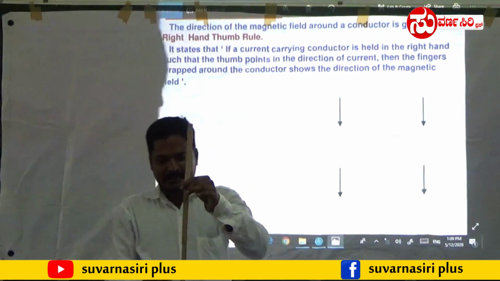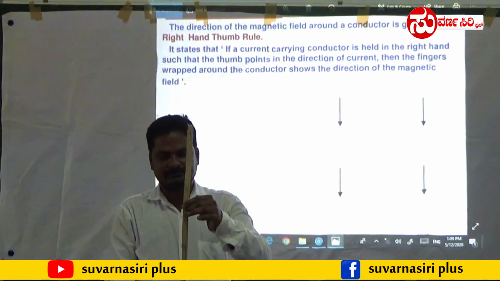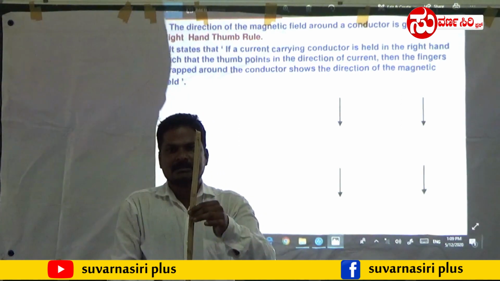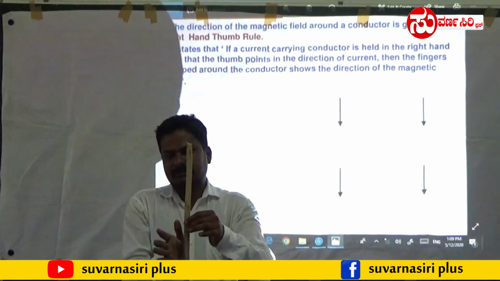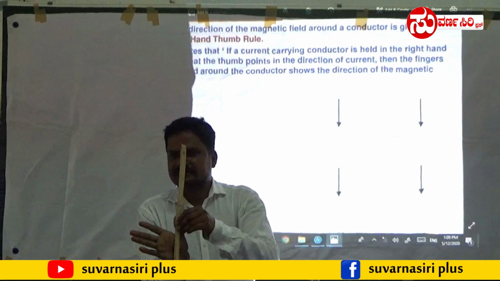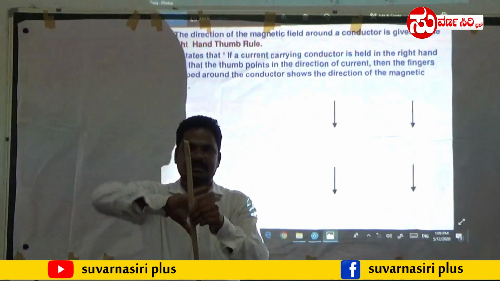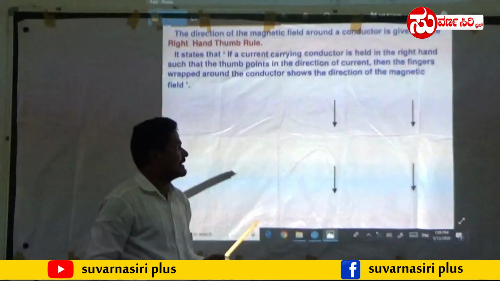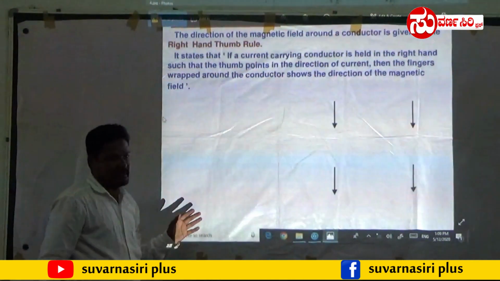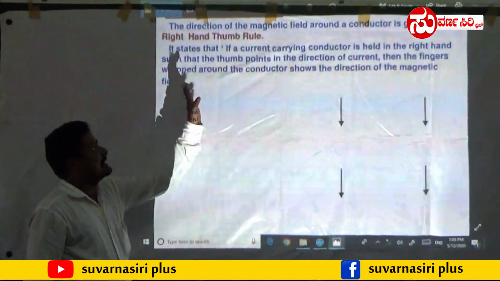And if the current passes from south to north, what will happen? It is the same as west to east, and likewise east to west. By this we conclude the direction of the magnetic field using the right hand thumb rule.